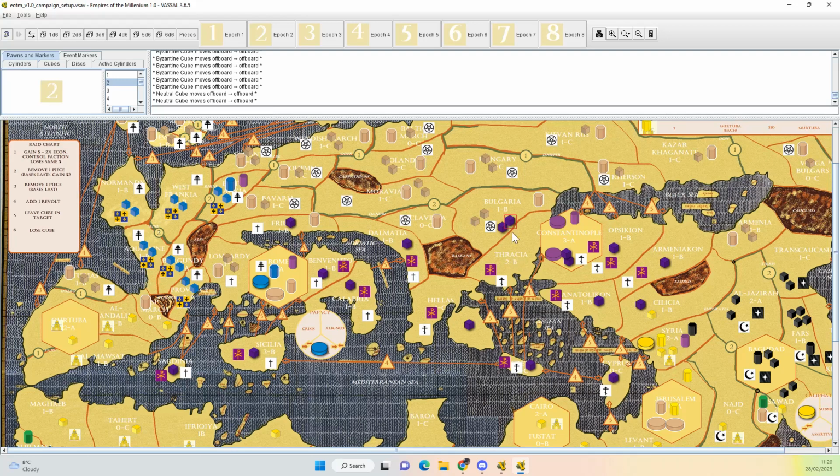The idea is that the worse the communications level of a region is, the more likely your troops are to suffer attrition while campaigning there, even if you win. So it's more dangerous to campaign in a C where you have a 50-50 chance of losing a cube versus in an A where you only have a 1 in 6 chance. So that's how the communications levels impact the game.